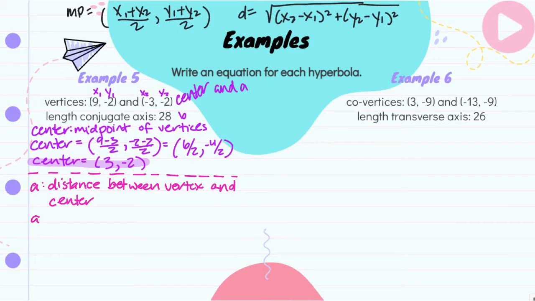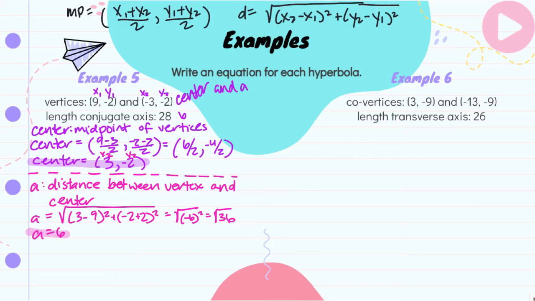So A equals the square root of, and we're going to use our center as our new x2, y2. So this is going to be 3 minus 9 squared plus negative 2 plus 2 squared. And negative 2 plus 2 is 0, so this becomes the square root of negative 6 squared, square root of 36, so A equals 6.